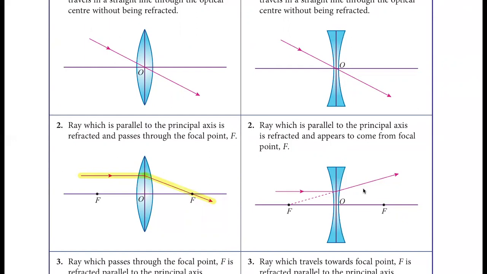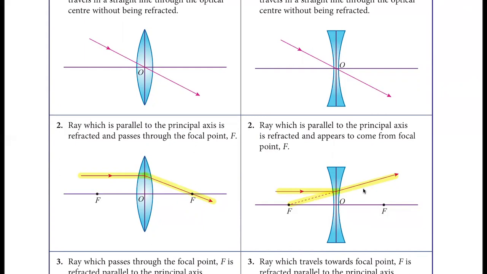Whereas for a concave lens, the ray which travels parallel to the principal axis is refracted, but it will appear to come from the focal point, which is at the same side as the object, not on the opposite side.